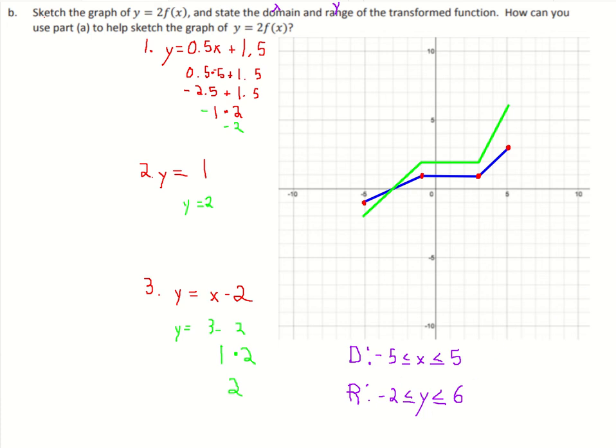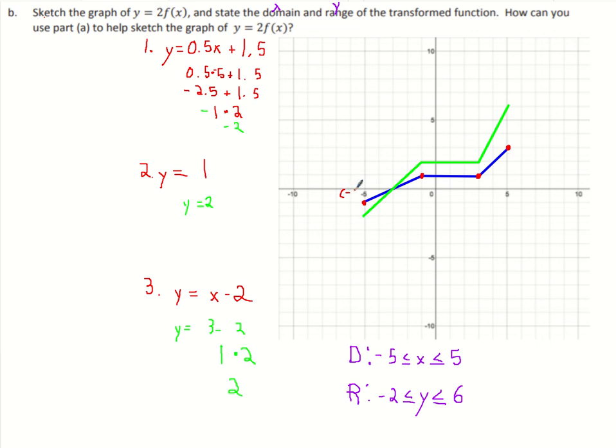But the last part says, hey, how can we use part A to help sketch the graph of y equals 2f of x? So in order to help us do that, I'm going to plot the points here. I'll plot these points in a second. I'm going to talk about, once again, what the points from part A even were.